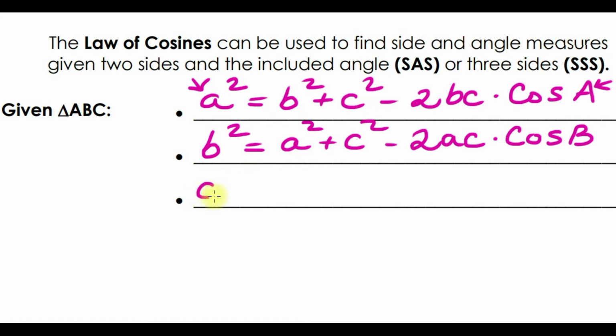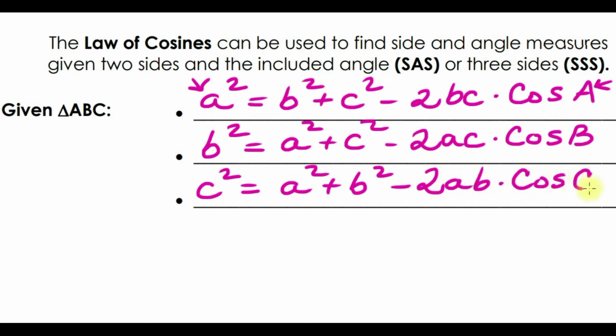And then the last one is c squared is a squared plus b squared take away 2ab times cosine angle C. This last one right here, you can use it to find side C. You need angle C. Or if you have all three sides, you can find angle C. So these are the three formulas for the law of cosines that we can use to find the missing side or the missing angle.